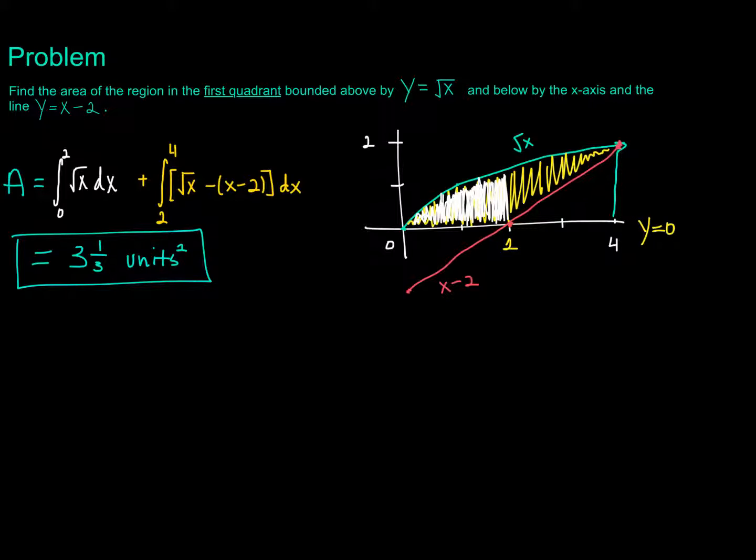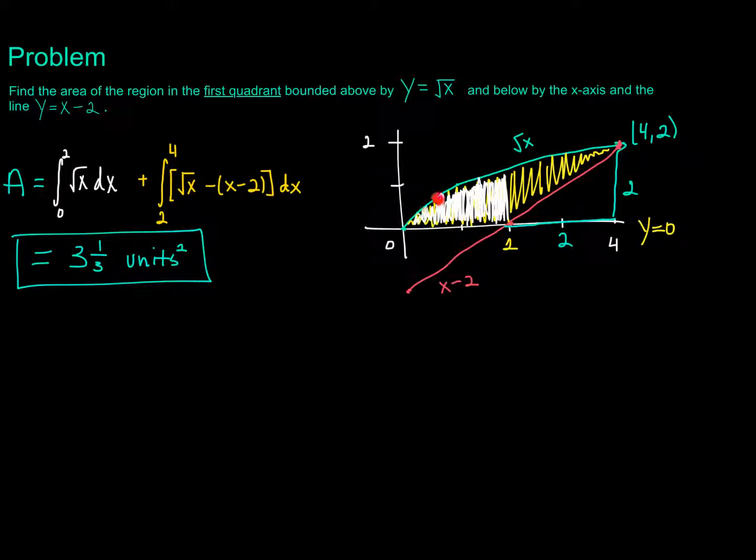And also, it is a triangle whose dimensions you know. This is the point (4, 2). And so the height of this triangle is 2, and the base of this triangle is 2, and so the area of this triangle is just 2 times 2 over 2. In other words, the area here is 2.